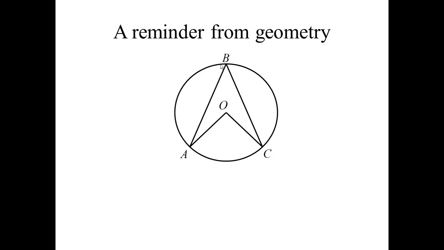The result of interest to me is the angle ABC is equal to half of the angle AOC, and it is measured by half of the angle corresponding to the arc AC.